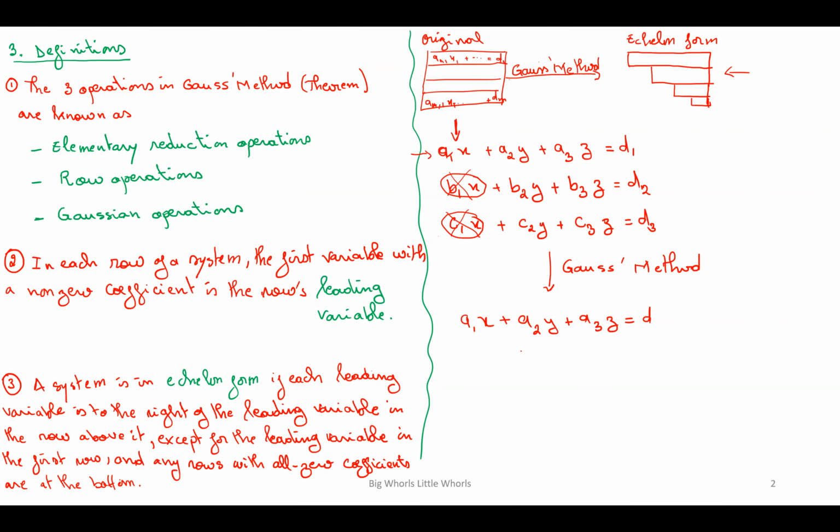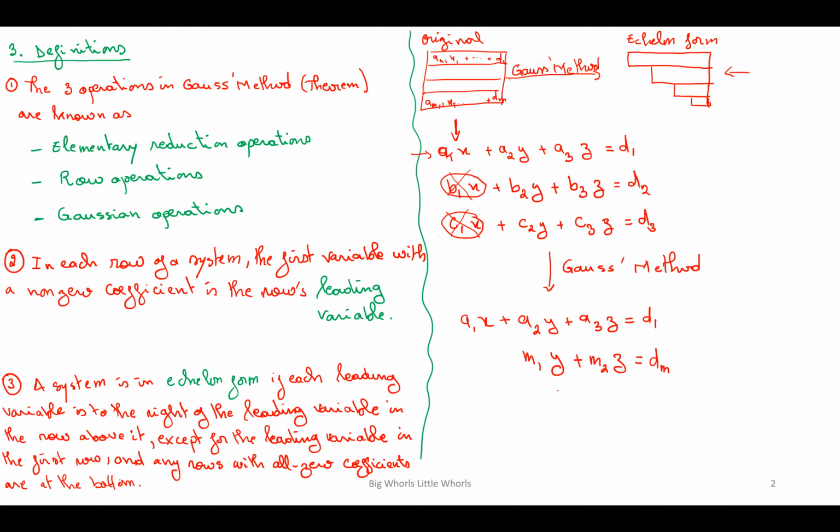So basically, our second equation must be something like m1 y plus m2 z equals, so that's our d1, this is going to be dm. This is just an example, easy.